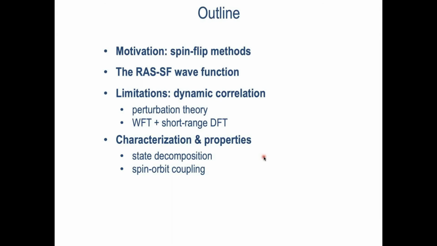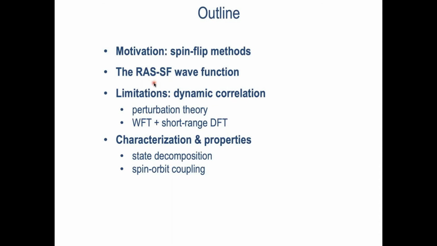of the webinar. First, I will motivate the use of a spin flip operator in order to compute electronic states, and I will discuss the basics of the spin flip or RASCI wave functions. This is the use of a spin flip operator with an active space.